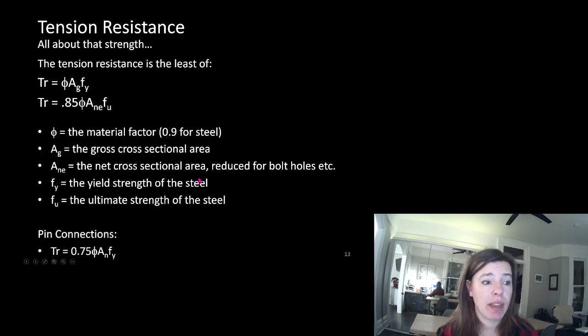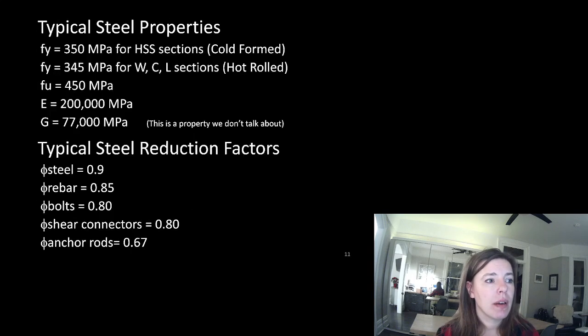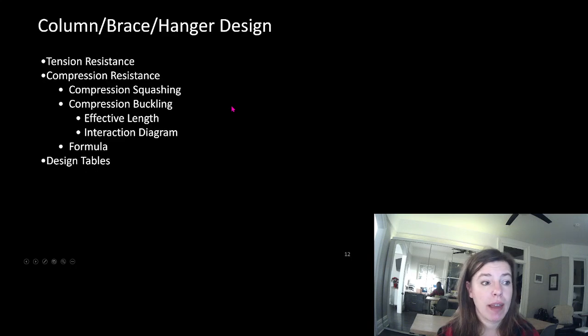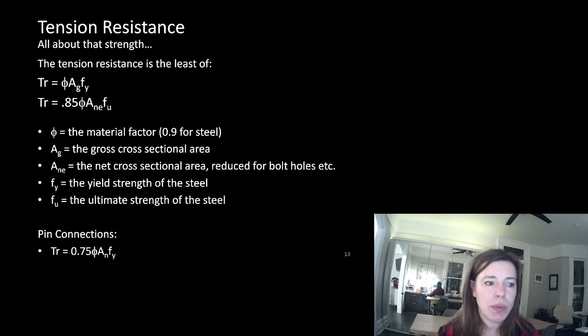Fy is the yield strength of the steel, which the majority of the time is the thing we're talking about. And Fu is the ultimate strength of the steel. So remember, if we go back to this, that's this strength here. We don't often use that strength in our calculations, but we do sometimes, and this is one of them.